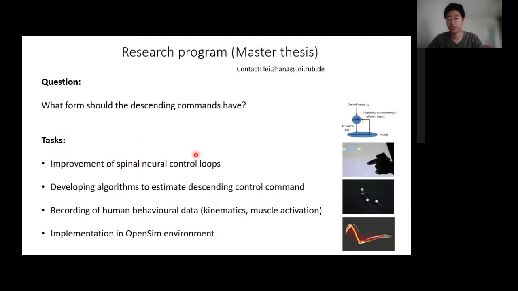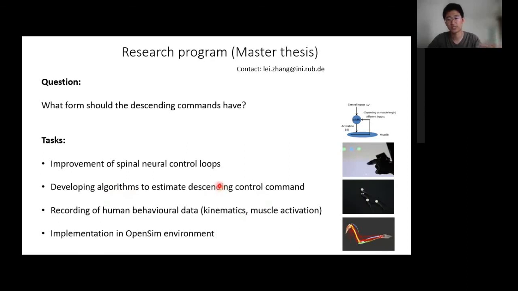As I said, we use a relatively simplified reflex loop in our model. So now we are trying to integrate a more complex reflex into the model, for example the reciprocal inhibition as our first step. And of course, later on, we will add more reflex loops. The second task is that we are developing algorithms to estimate the descending command.